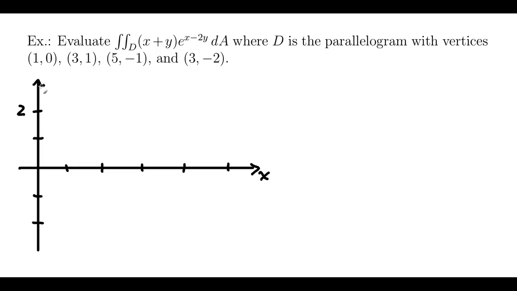So we have x and y. We have the points (1, 0), (3, 1), (5, -1), and (3, -2). So we have this parallelogram here.